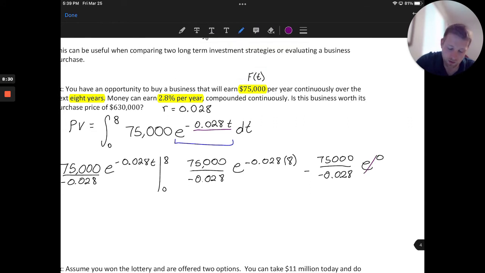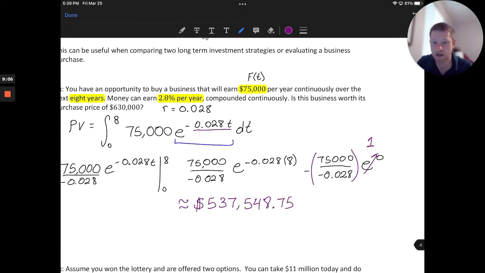And so when we go to put this into our calculator, this value here is just going to be 1 times that fraction right here. So if we go ahead and evaluate this in our calculator, let's get an approximate dollar amount here. This present value of the business, again, what that business is worth today, is equivalent to $537,548.75.